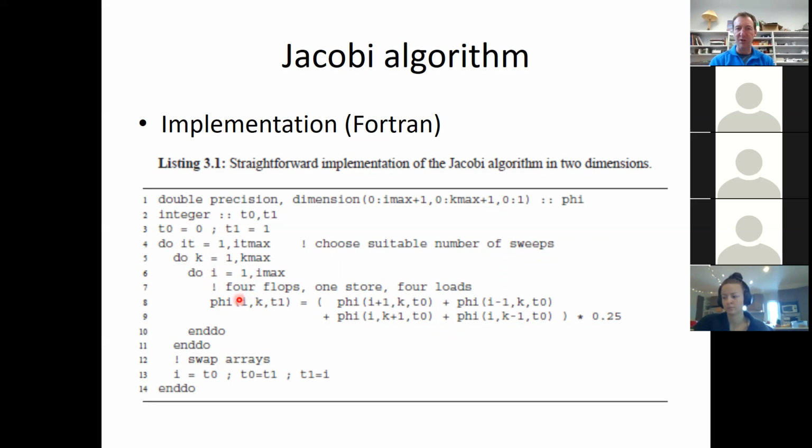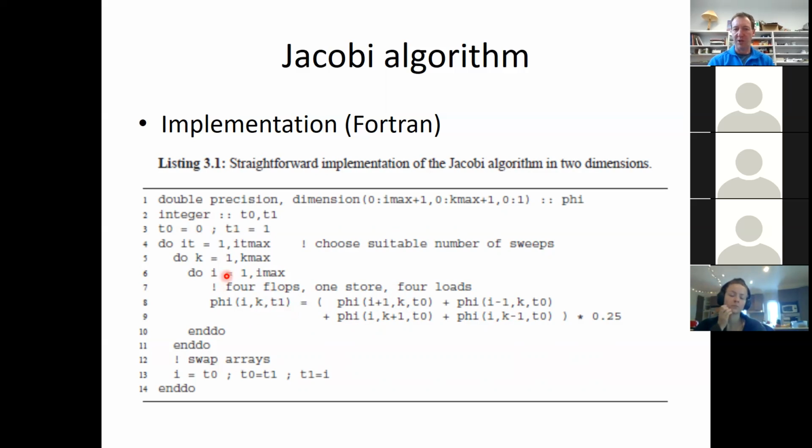In the inner loop, the update looks like this: the position i,k gets updated by i plus 1,k; i minus 1,k; i,k plus 1; and i,k minus 1. And what you see here is that t1 and t0 are just the indices which we swap around in order to make the difference between what is the updated plane and what is the original plane.